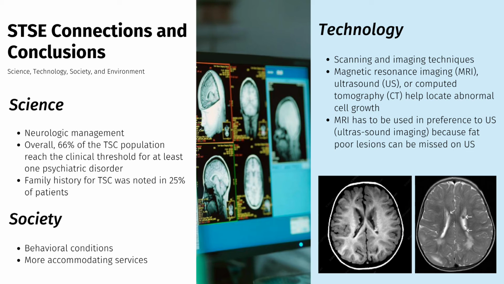For instance, tuberous sclerosis has helped us understand that MRIs are much more accurate compared to ultrasounds because fat poor lesions can be missed on ultrasounds. The bottom left images are MRI scans of an individual with TSC.